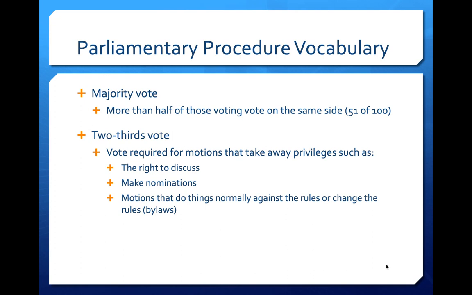And in order to do that, because it is a rule that you typically have and you're changing what's normal, you have to have a 2/3 majority vote in order to be able to do that. So we do that sometimes whenever we are discussing things, sometimes whenever we have rules, sometimes when we're making nominations and things like that. A lot of times it's often done whenever you are changing the bylaws or the Constitution as well.